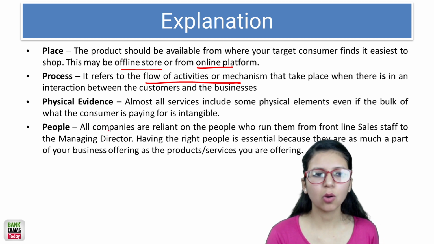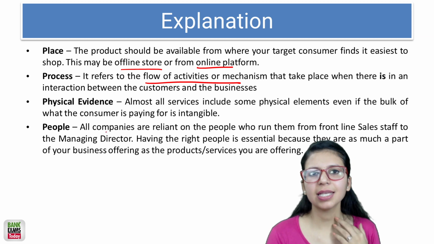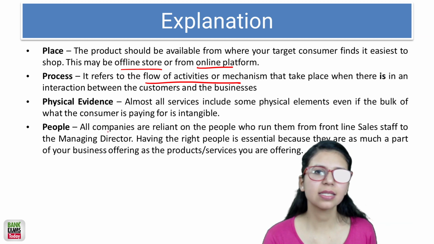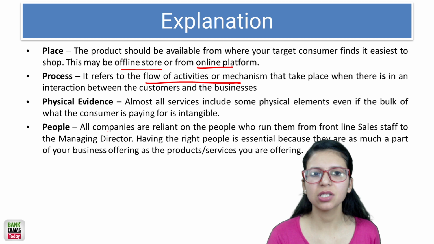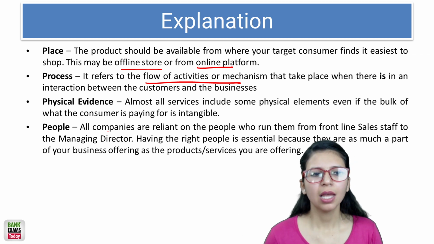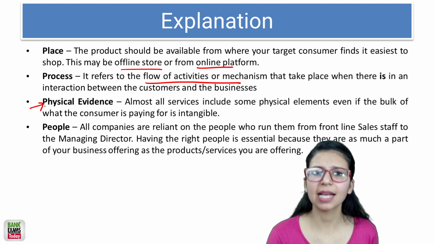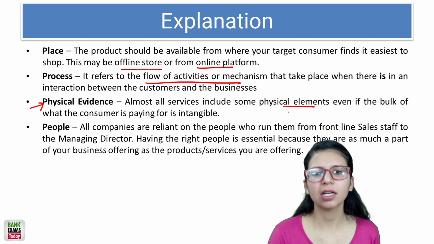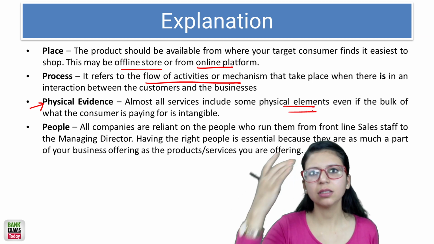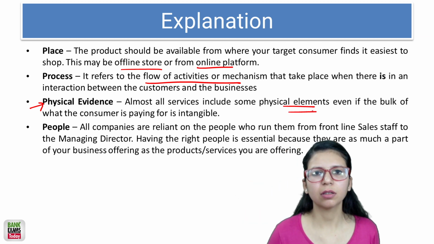According to physical evidence, whatever things are involved in the buying decision or in marketing have some physical element involved, be it PDFs, be it anything soft copy or something.